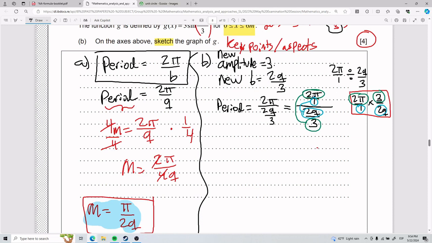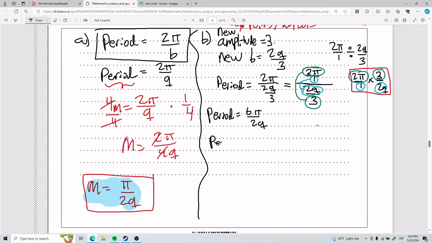See, point is, you're gonna end up with 6 pi divided by 2q. And so period, right? Let me just be a little bit more organized in my approach. So period, as I was saying, has to equal 6 pi divided by 2q. Now you can divide it by 2 on the top and on the bottom, and so period has to equal 3 pi divided by q.